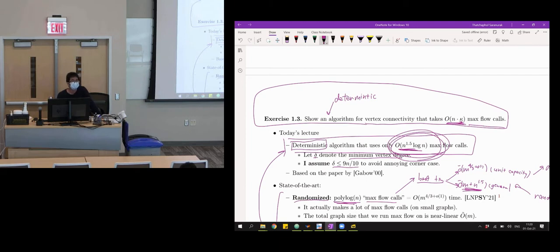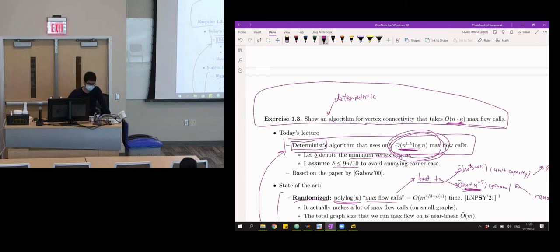Actually, I think you just pick kappa plus 1 vertices for the single source max flow. Each of them takes O(n) max flow calls. And then just take the minimum.